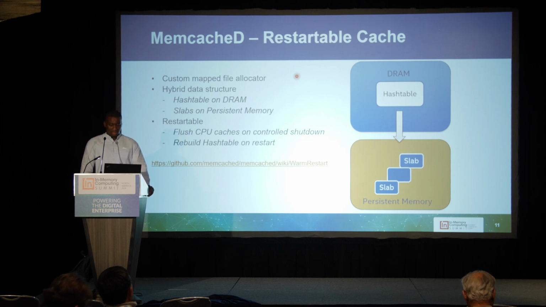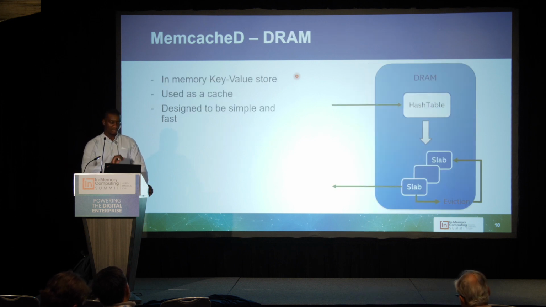Now, the benefit of doing this is that your cache can be a lot bigger because of the capacity that persistent memory affords you. Another option that they could have done, they could have kept the original design and just taken a snapshot of the cache. They didn't do this, but I'm just trying to tell you the ways that you could use persistent memory.